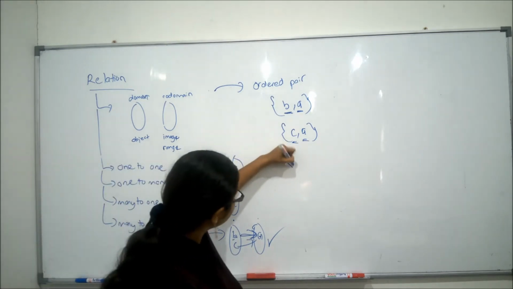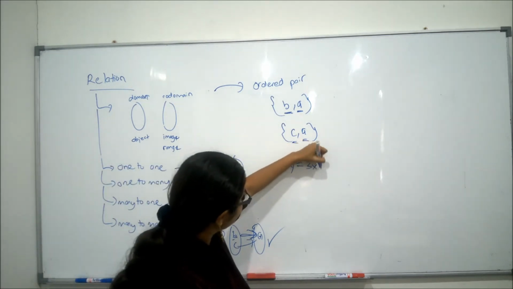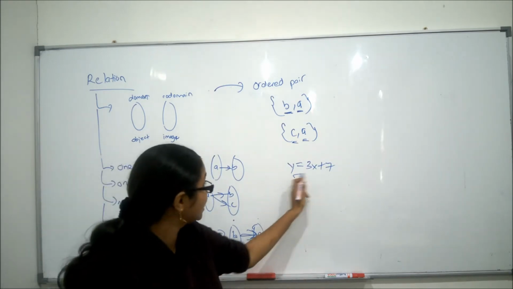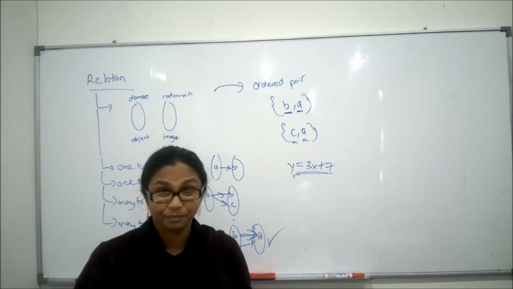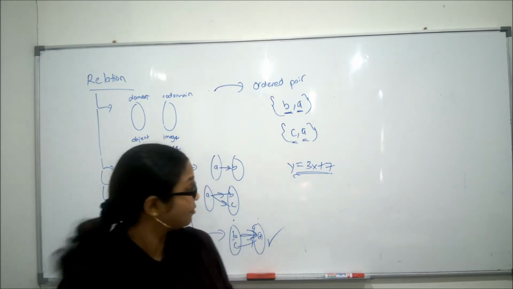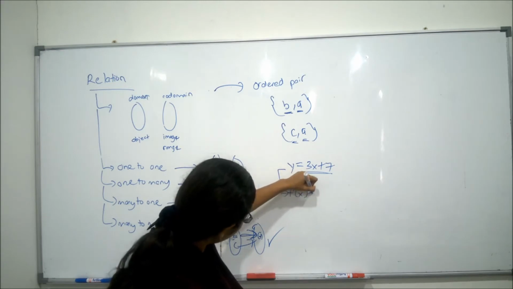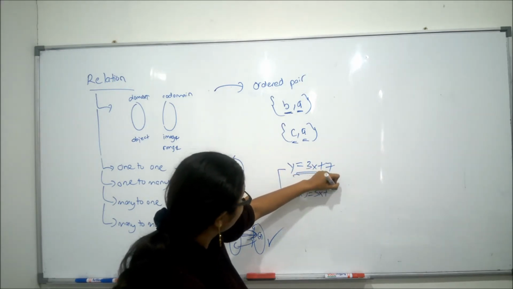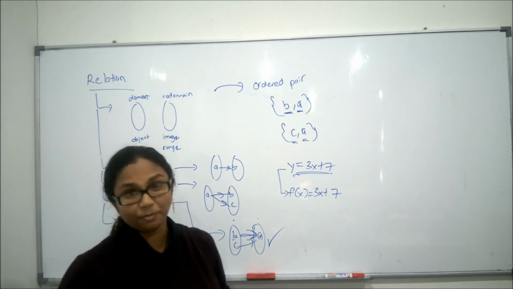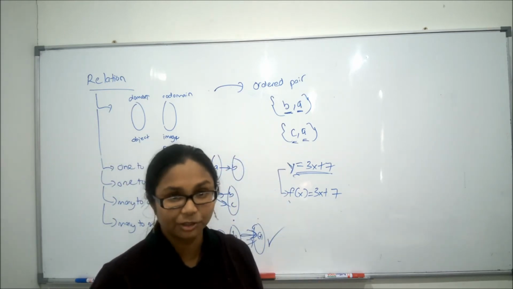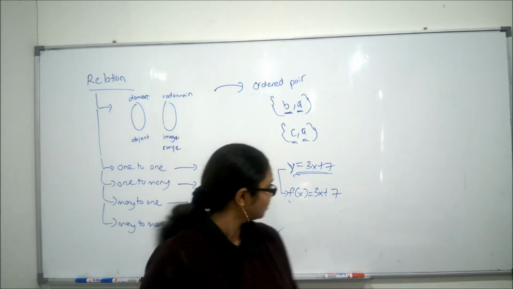I'm pretty sure that you're familiar with this. What do we call this, everyone? We call this an equation. So how is function related here? An equation can be rewritten in this form. This is an equation, this is a function. So you got the point here.